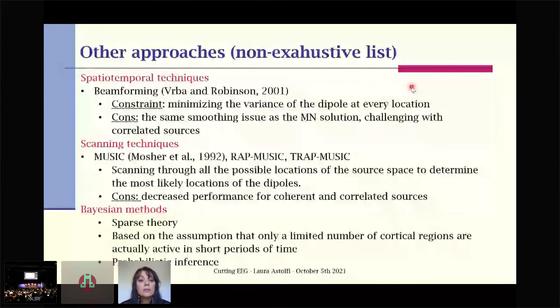The limitation of this is again a smoothing issue and also a problem with correlated sources. So when we are dealing with correlated sources where we're particularly interested in the correlation between sources, this could be a problem.